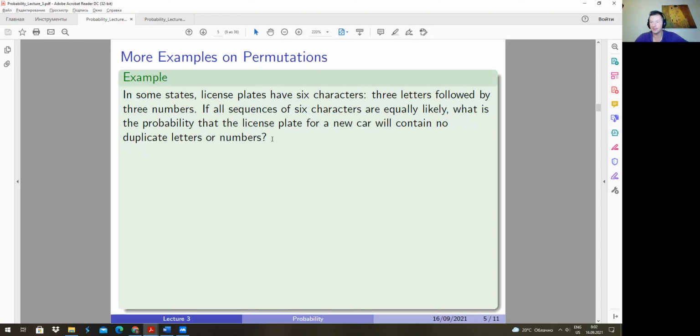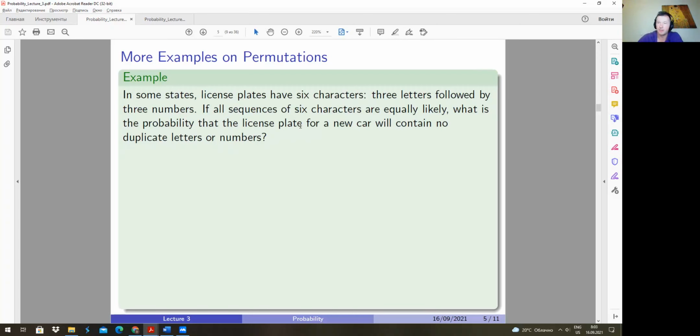The only thing here that we need to understand is which alphabet we are using, right? Because we need to know how many characters are possible there. So let's assume that we are using the Latin alphabet. There are 26 distinct characters, and of course 10 digits, because if we are speaking about numbers, it's 0, 1, 2, 3, up to 9, so we have 10.